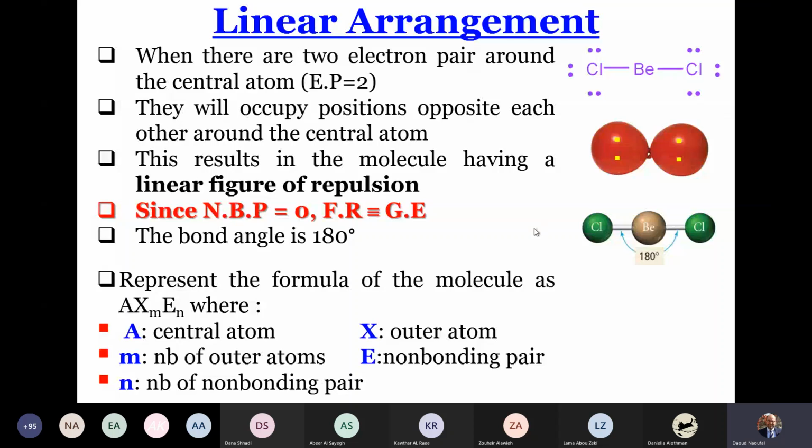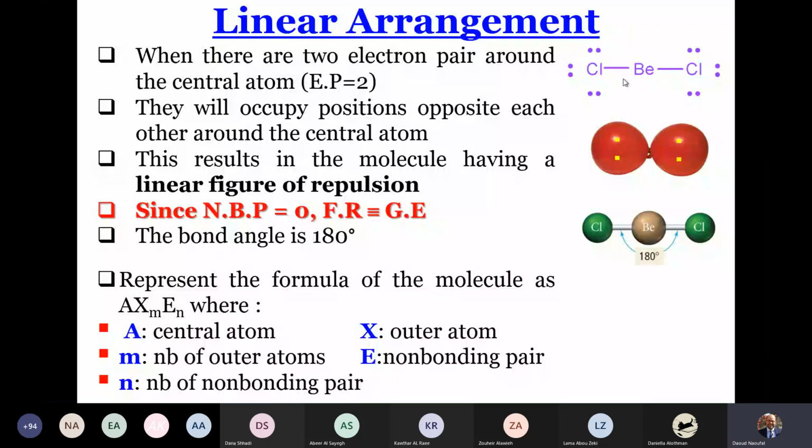As we explained previously, the best method to know the figure of repulsion, then to deduce the geometry, is to transform the molecular formula to the simple form AXME_N, where A is the central atom, X the outer atom, M the number of outer atoms, E the lone pair or non-bonding pairs, and N is the number of non-bonding pairs.